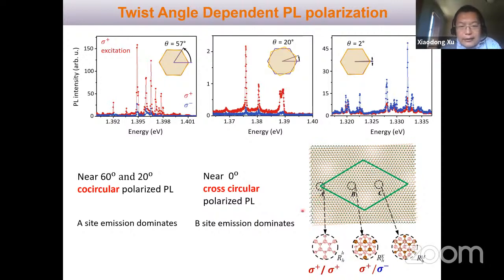As I show you in the theoretical pictures, depending on which kind of Moiré structure is the minimal energy potential in the system, we can have co-circular or cross-circular polarized selection rules. And our measurements are consistent with these pictures.